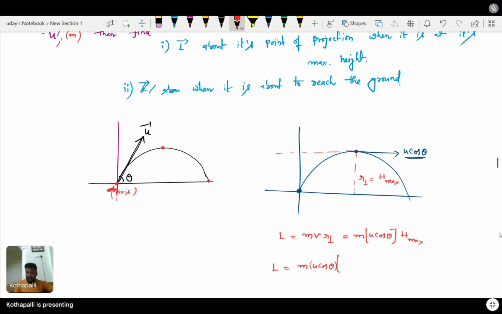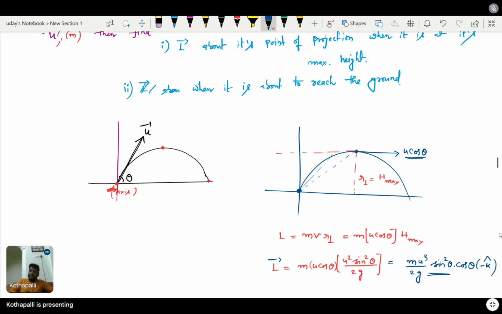The maximum height formula is u square sine square theta by 2g. So the final answer will be m u cube by 2g into sine square theta into cos theta, in the clockwise sense, right? Because if you see, theta is going like this, clockwise direction, so minus k. Understand? This is the angular momentum of the projectile when it is at its highest point about the point of projection.